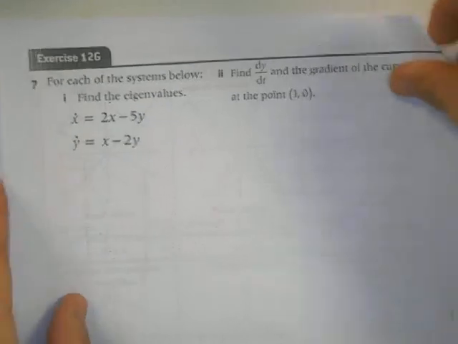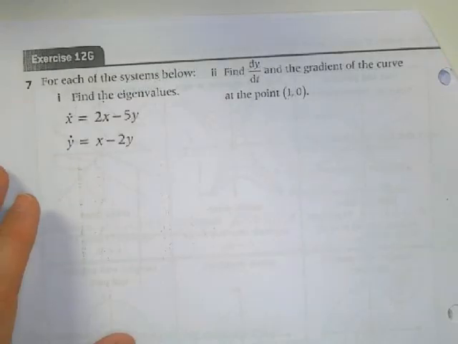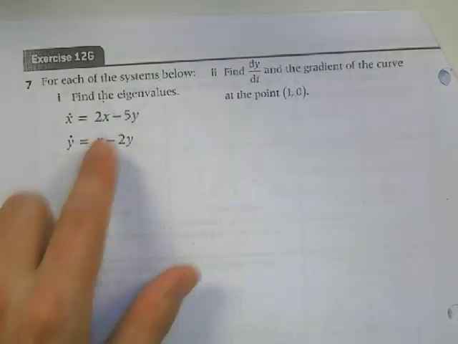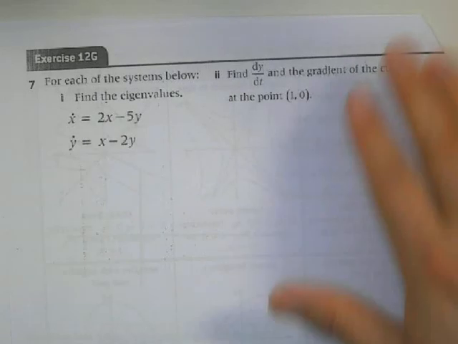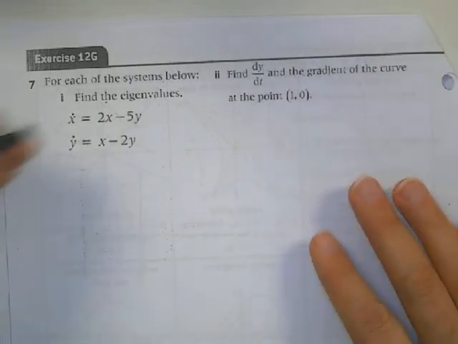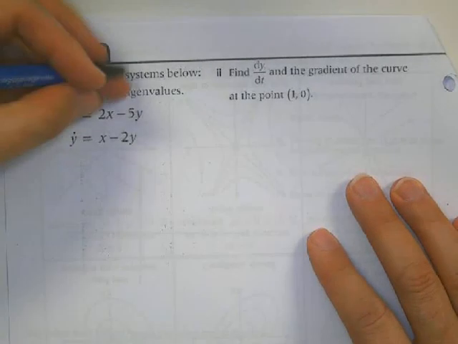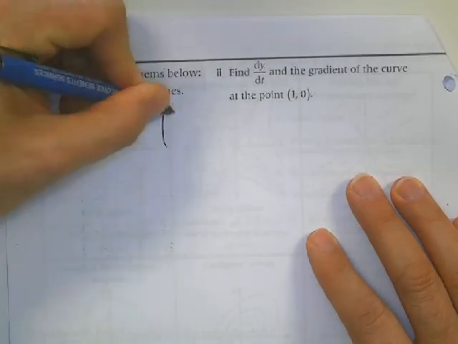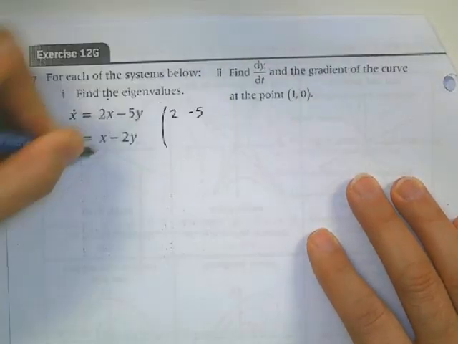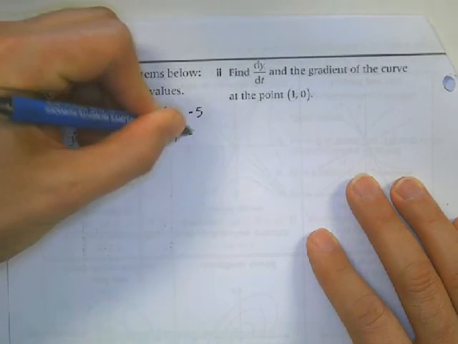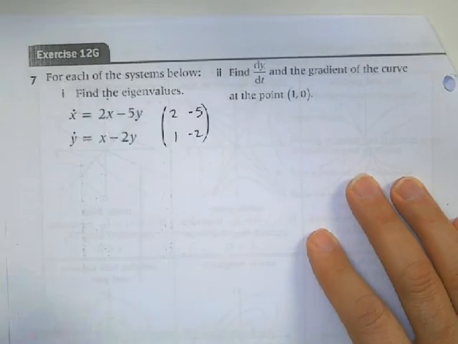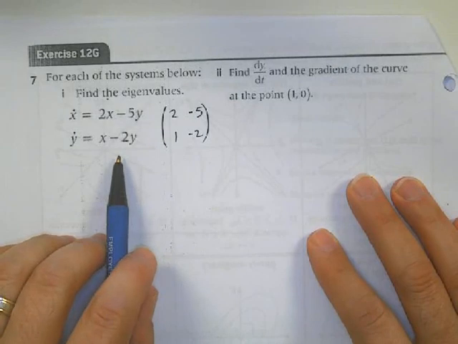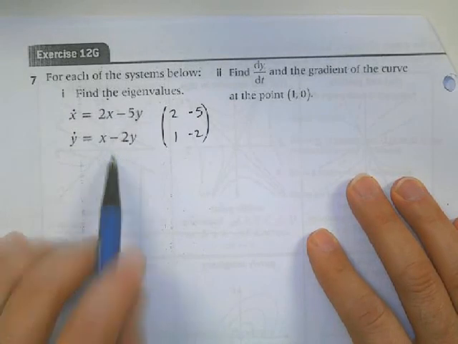Let's start off with this one here. Okay, so we've got the system, find the eigenvalues. If I convert this to a matrix, I've got 2, -5, 1, and -2, from the coefficients of my derivative formulas here.